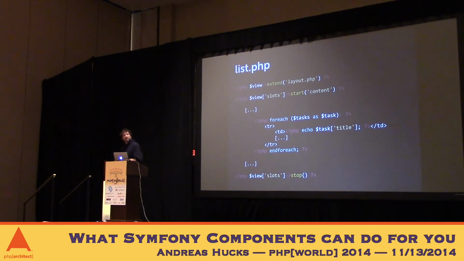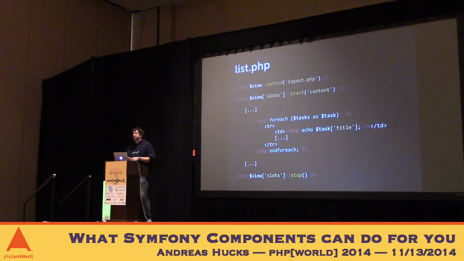Template inheritance works a lot like PHP class inheritance. In PHP class inheritance, you have a base class and a derived class, and the base class can have methods. In the child class, you can do several things with these methods: you can do nothing, you can override them, or you can add new methods.